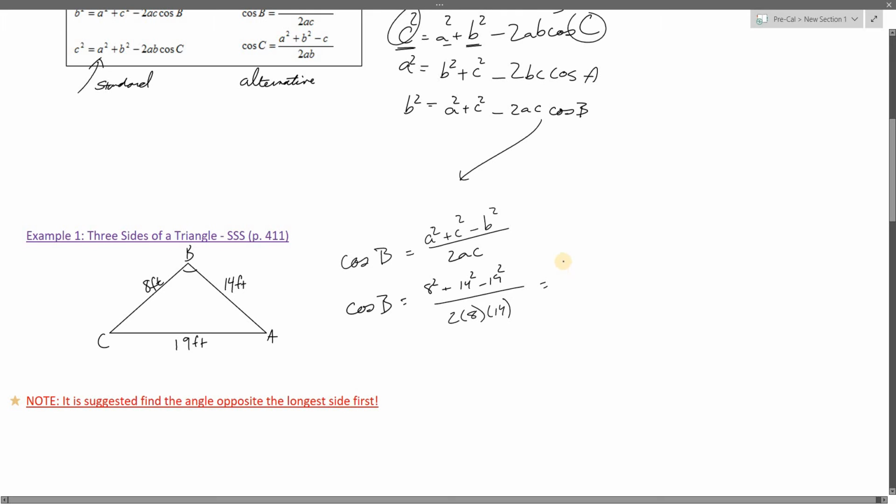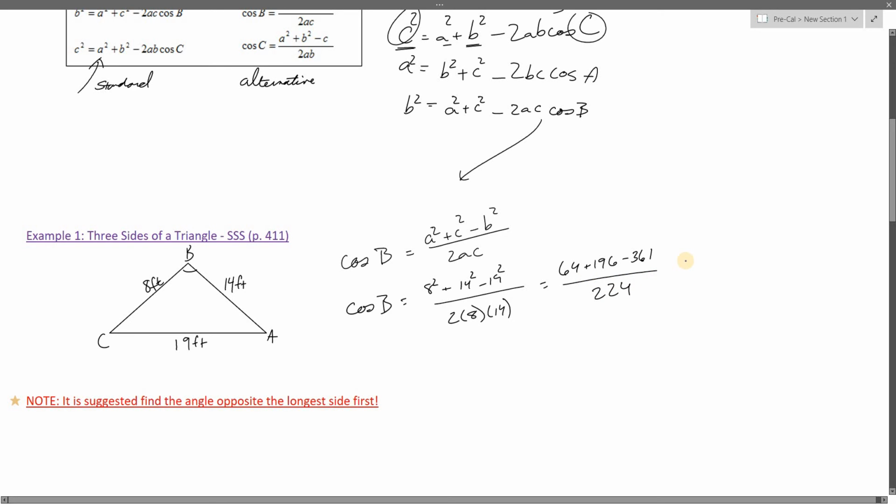So doing some of these here, 64 plus 196 minus 19 squared. I don't have that one memorized, so 19 squared is 361. And that is over 2 times 8, which is 16, times 14. Forgive me, typos there. 16 times 14, then neatness matters. You get 224 at the bottom.